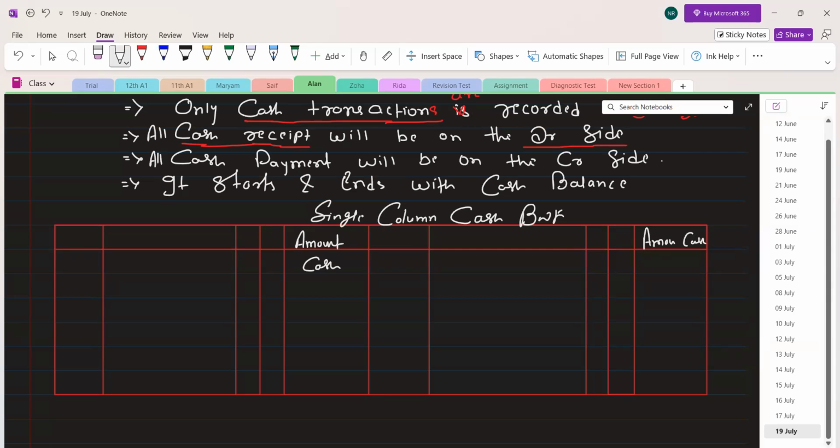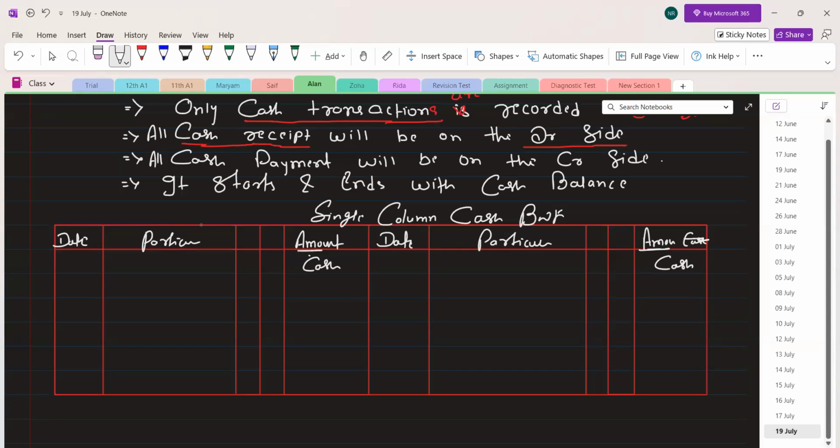But here you wrote two amount columns: date, particulars, amount, then again date, particulars, amount. So one amount column on each side, one on the debit side and one on the credit side.